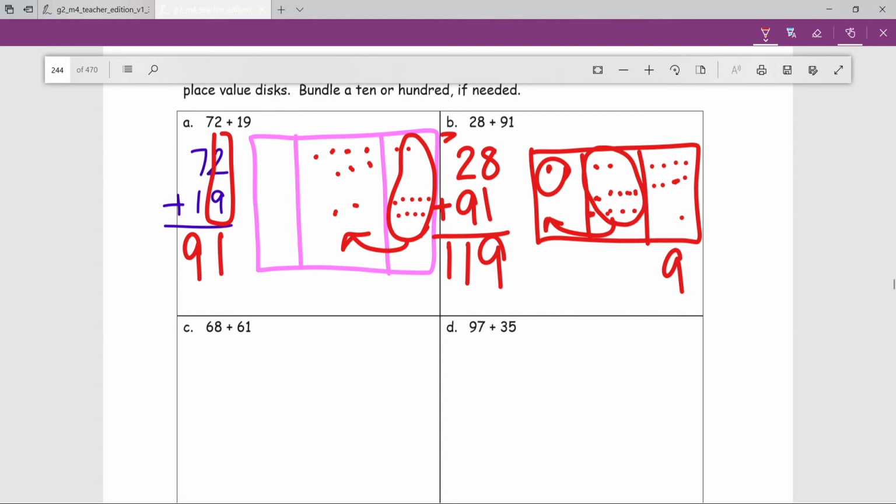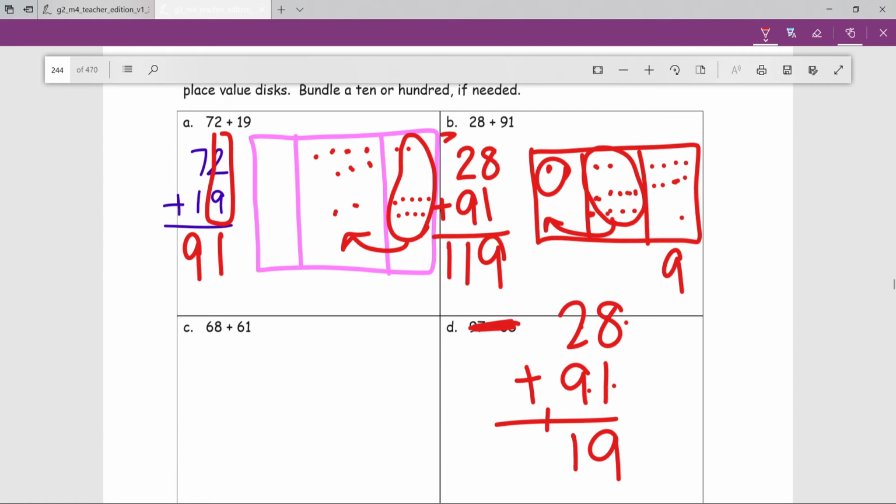Again, I'm just going to go ahead and write this problem again here. If they are feeling ready to do 28 plus 91 and to add the 8 and the 1 and go ahead and make 9 without having to draw it, they can do that. And then when they add the 9 and 2 more and they see that it makes 11, they would put a 1 and a 1.